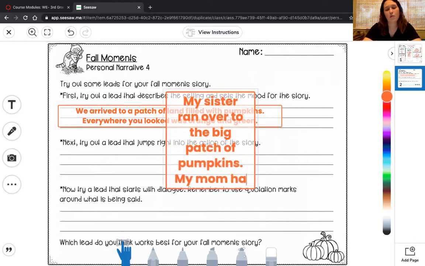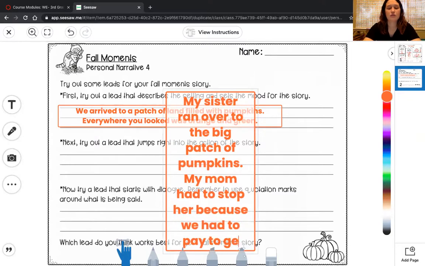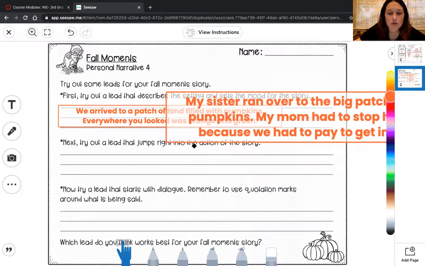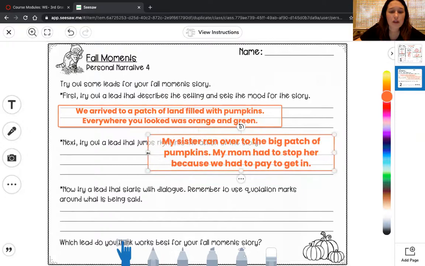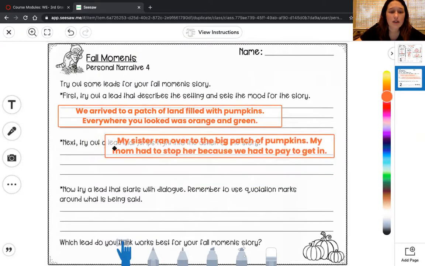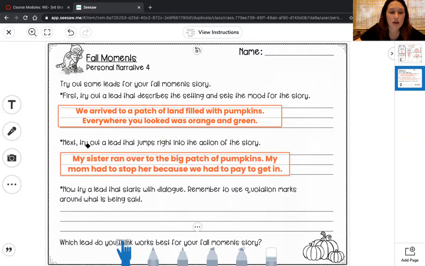My mom had to stop her because we had to pay to get in. So I know my leads right now are 2 sentences, so it's okay if your leads are 2 sentences, but if you only want them to be one sentence, they can also only be one sentence. So it's up to you what you want to do. It does not matter to me. This is what's best for you.